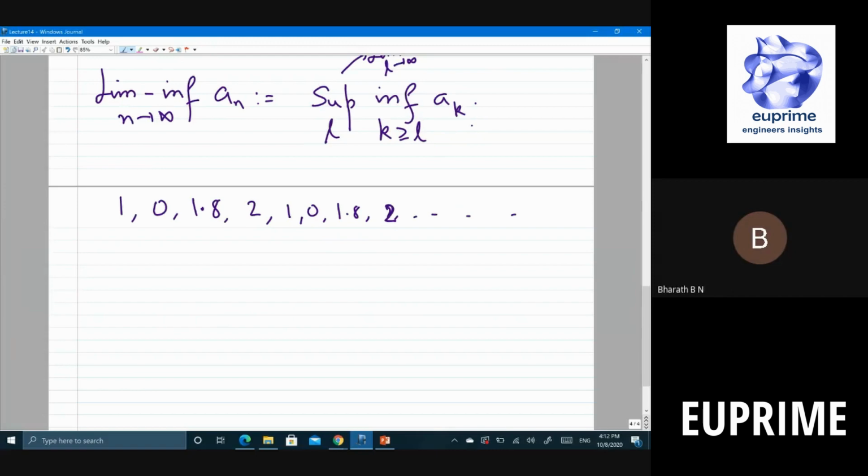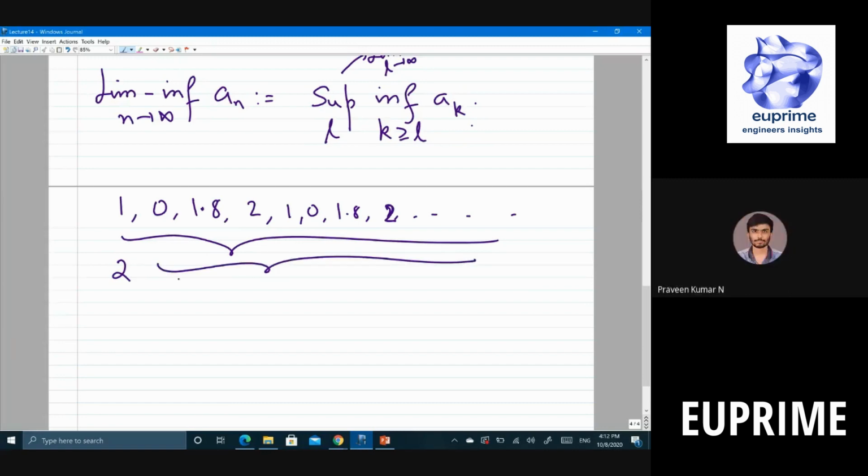What is the first thing that I have to do? Take the supremum of the entire sequence. So what is the supremum? 2, right? Then what should I do? Leave out the first thing, and again it will be 2, and so on. Then you get a sequence, right?